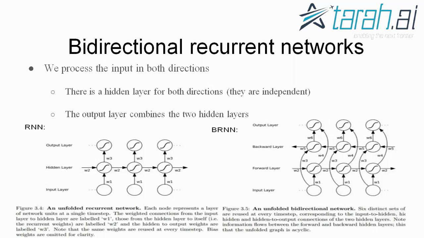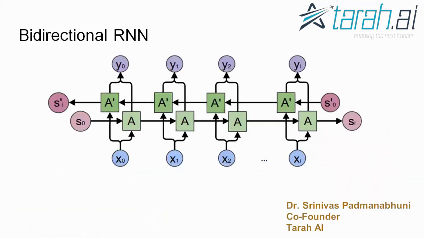What we need to understand is that here we have two layers between the input and the output layer. One we call the forward layer, another we call the backward layer. The way it will work is we will do a forward propagation once and another propagation in the reverse direction, and that's how you will get the answer.